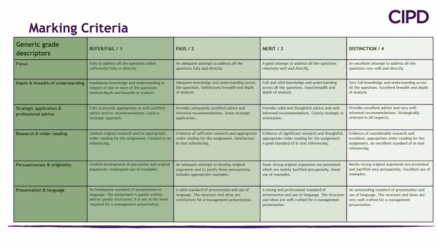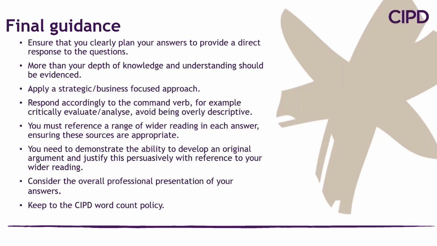And then in the subsequent columns, you've got a brief overview of what's required against each of those to achieve certain grades. But if we have a look at just what that looks like when you come to do your assessments, I've just got some final guidance which should help you to actually demonstrate a number of these points.